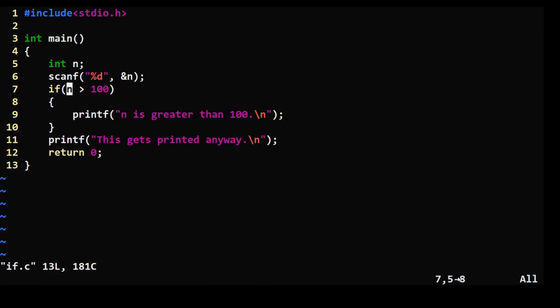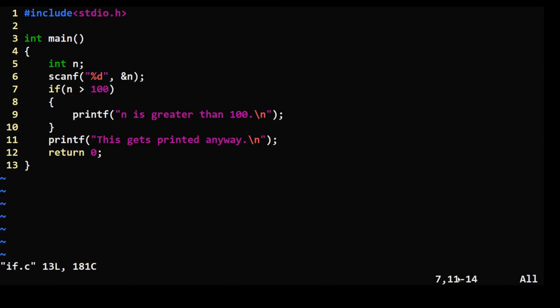So this here, n is greater than 100. This thing only gets printed if indeed n is greater than 100. So basically what happens is, the program first steps in over here. We evaluate this.